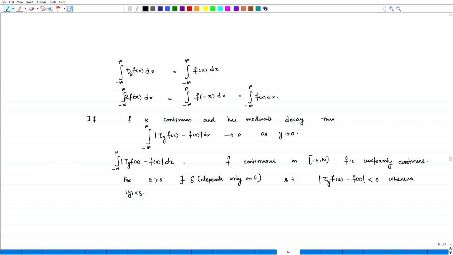That is the definition of uniform continuity. In other words, the supremum of |τ_y f(x) − f(x)| is less than epsilon.